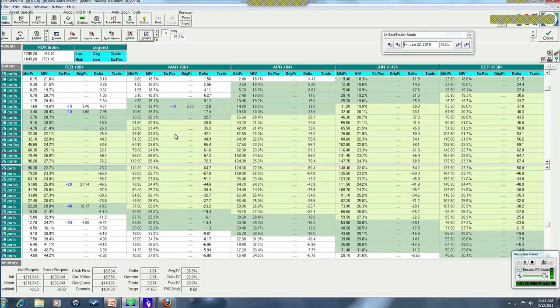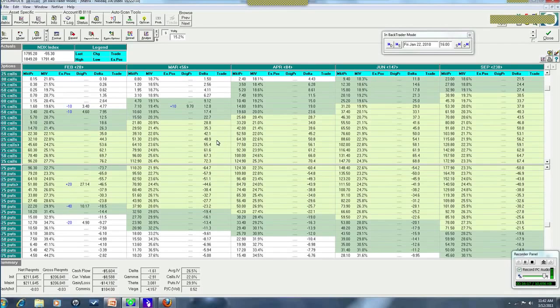But this is not the ideal ratios for me. I'd really rather be shorter delta than I am. So you'll see the next day I start to make adjustments. As I move forward from here, you're going to start seeing a lot more of these options change places, and I'll go through as many of them as I can to show why.